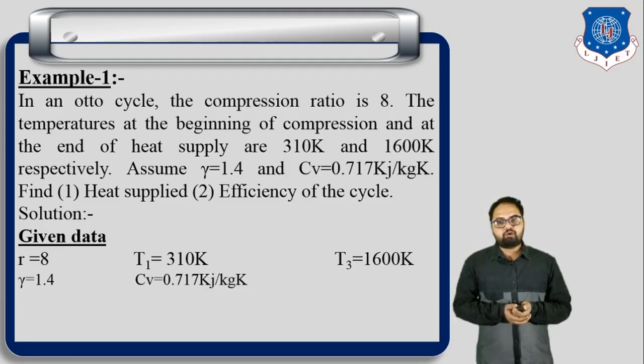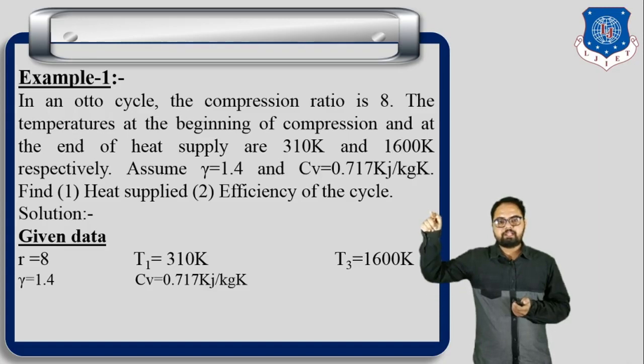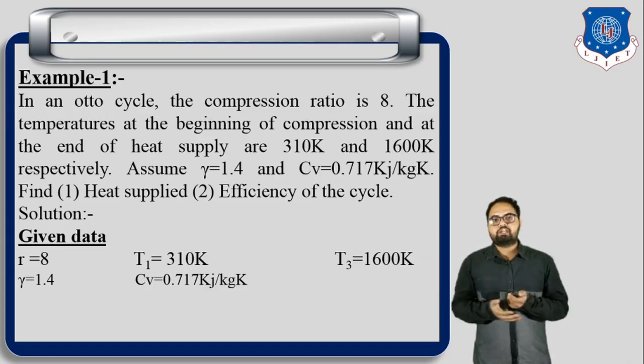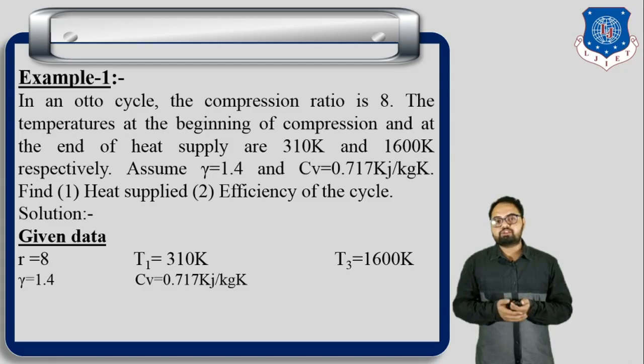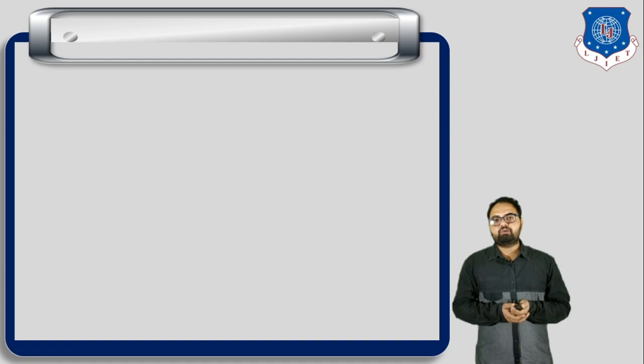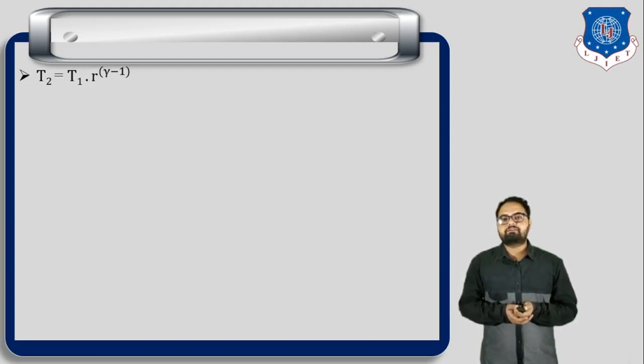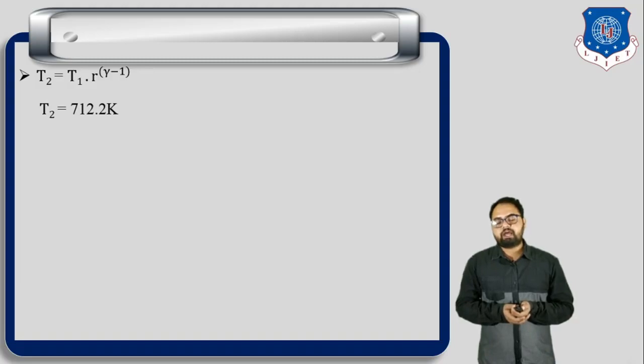During process 1 to 2 adiabatic compression takes place, and the relation between temperature and volume is T1 by T2 is equal to (V2 by V1) raised to gamma minus 1. We can rewrite this as T2 is equal to T1 into R raised to gamma minus 1. By putting the values, we get T2 as 712.2 Kelvin.